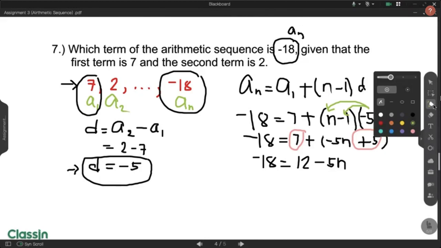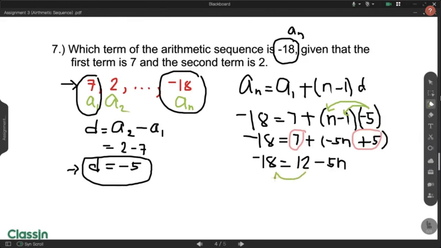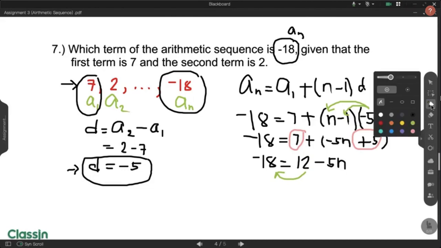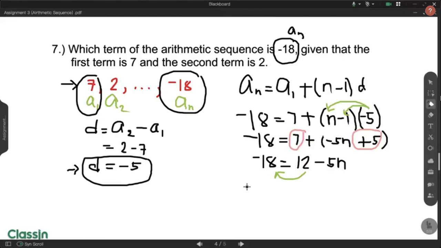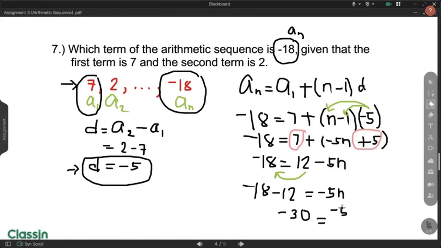Transpose this on the other side of the equation. Here, that positive 12 will now become a negative 12. Negative 18 minus 12 equals negative 5n. Negative 18 minus 12 is negative 13, equals negative 5n.